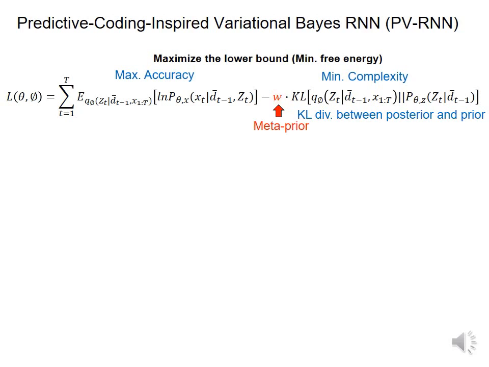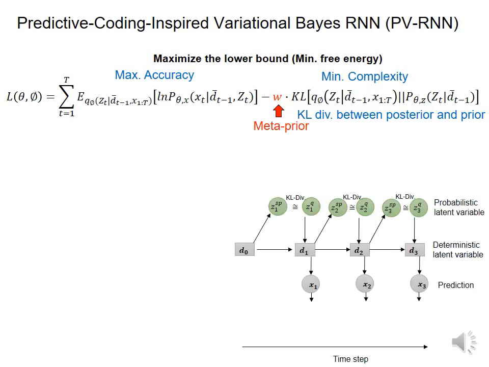So this is a graphical model, showing the time steps and time processing. First we have a probabilistic latent variable for each step, that is the prior and posterior. And then we have a deterministic latent variable for each step. And then we have a prediction of sensory sequences.